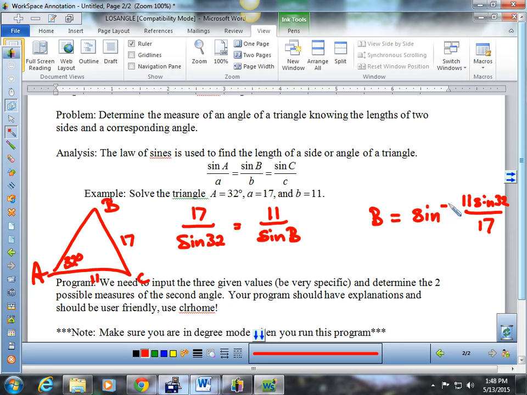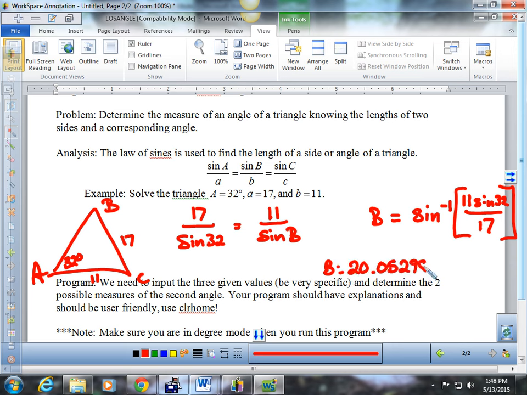Inverse sine of that. So go ahead, please. 11 sine 32 divided by 17. Second sine, second answer. I would like a full value, please. 34.817. Okay, I need to know what the other one's going to be as well.